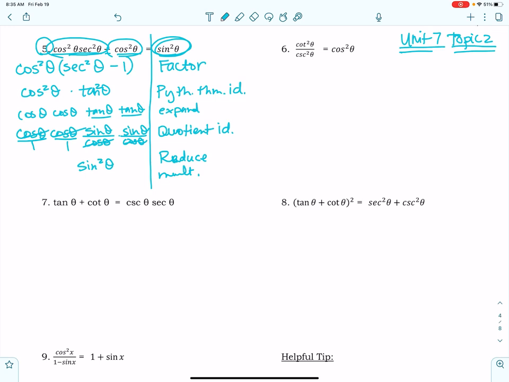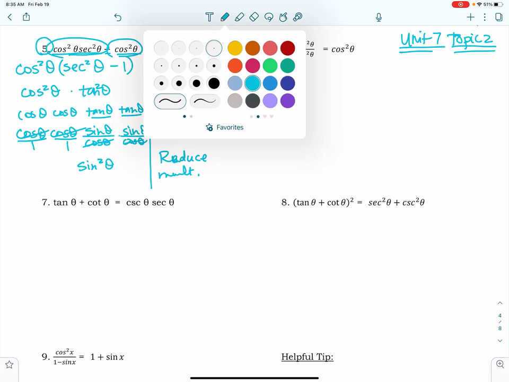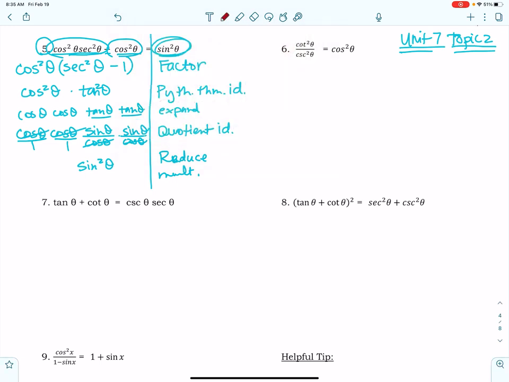Okay, so now I'm going to do it in another way. So let me switch my pen color up here, and I'm just going to write it to the right over here. What I could have done, I could have replaced secant squared theta with 1 over cosine squared theta using my reciprocal identity. So I could have done it that way.